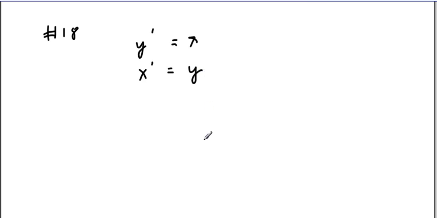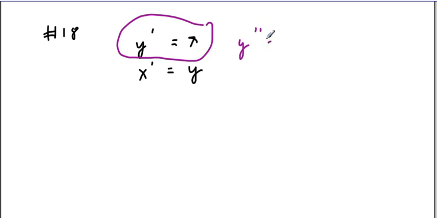Well, let's see. If that being the case, then I'm going to say y double prime is equal to x prime. But x prime is equal to y from the second equation.